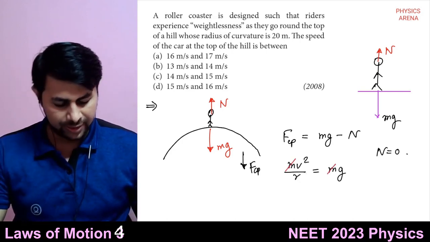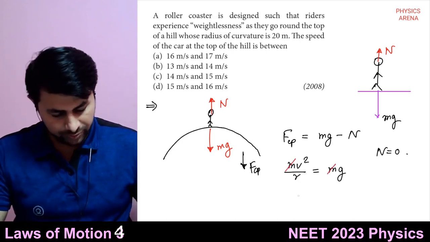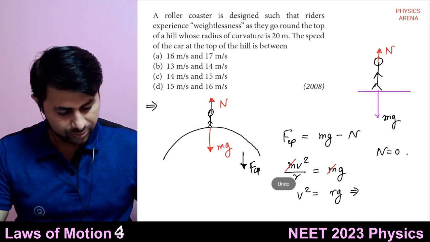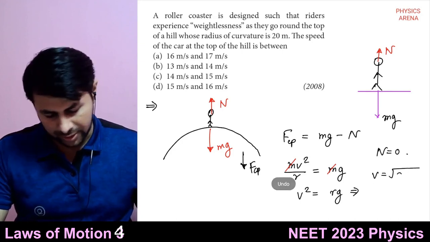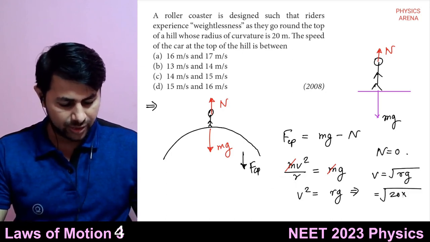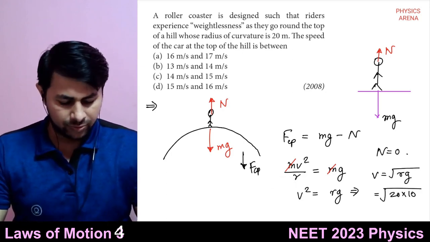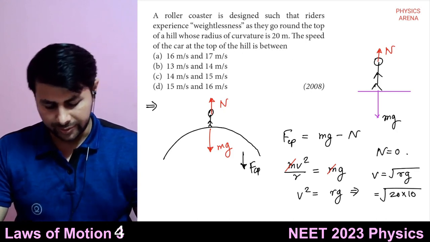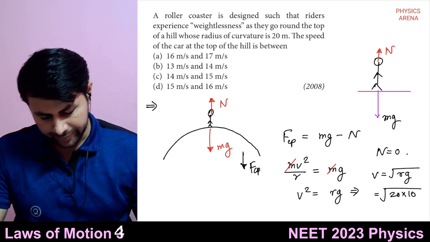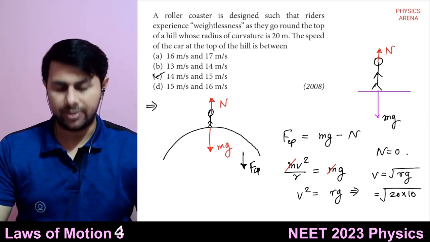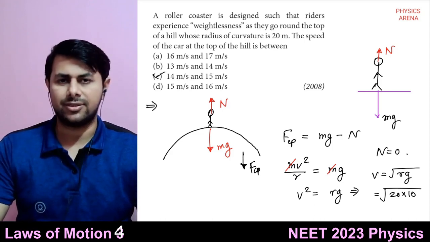So m and m get cancelled out. v square equals rg. That means v equals square root of rg. And what is r? It's 20. So 20 times 10, 200. So square root of 200, 14 point something. So somewhere between 14 and 15 meters per second. This is the answer.